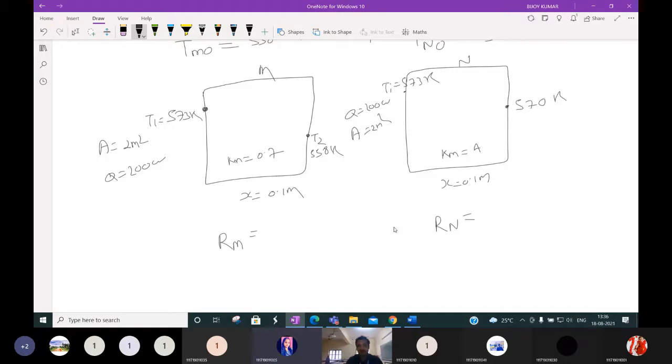Delta T by R. Delta T by R, how? I asked for the resistance. Q is equal to delta T by R. So what is the resistance value? Delta T by Q. Yes, delta T by Q, but the same thing we are telling as X by KA.